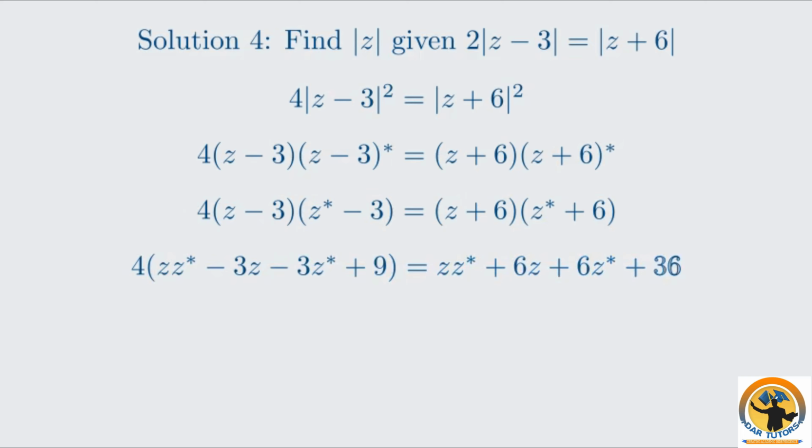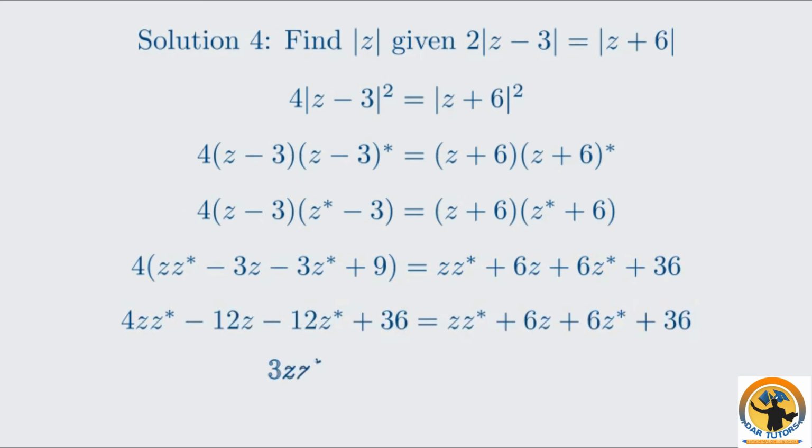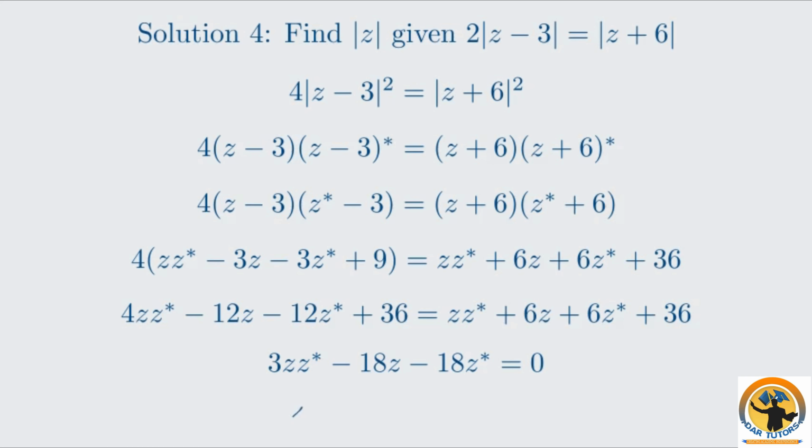Distributing the 4 and rearranging the terms to one side, we get 3zz star minus 18z minus 18z star equals 0. Dividing by 3, we have zz star minus 6z minus 6z star equals 0.